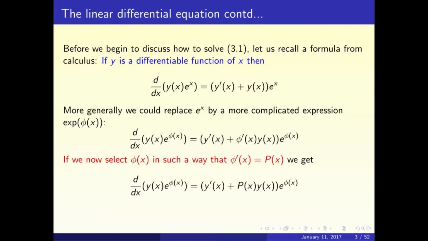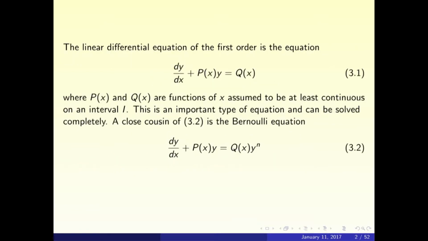So what does this suggest? This suggests that the left hand side of the differential equation 3.1, y prime plus py, if you multiply equation 3.1 by a certain e to the power phi(x), the left hand side will become an exact derivative. That's the idea.